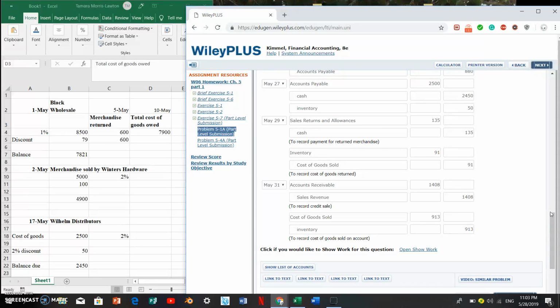Credit the sales revenue with $1,408 and make the second record to record the cost of the goods sold on account. So we would debit the cost of goods sold with $913 because that was the cost of the merchandise that they sold. And we would credit inventory with $913.